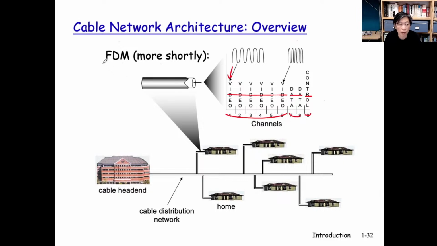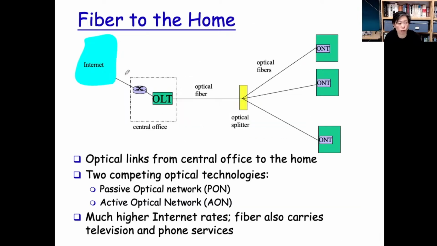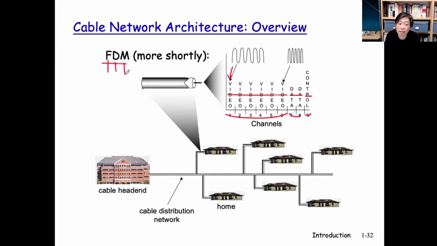That technique is formally called frequency division multiplexing. We cut the entire frequency band into non-overlapping subbands, division over frequency, hence the name.